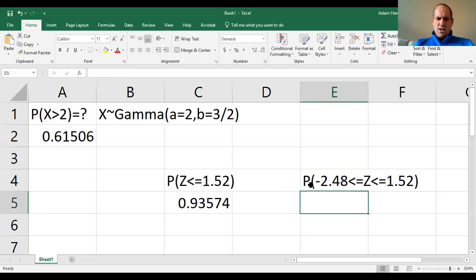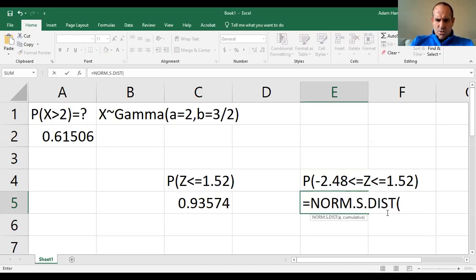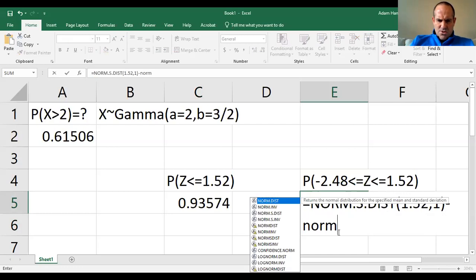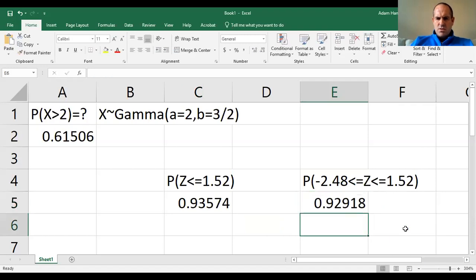Well, that's going to be equal to normal standard distribution of 1.52, yes cumulative, minus normal standard distribution of negative 2.48. Okay.